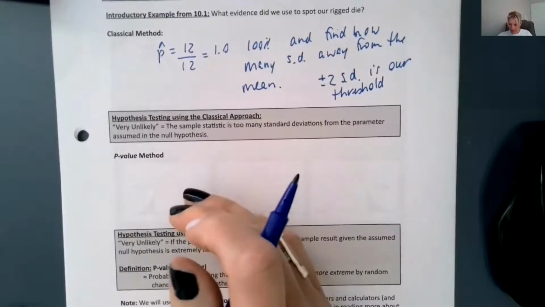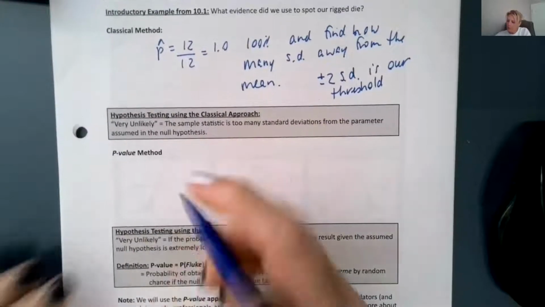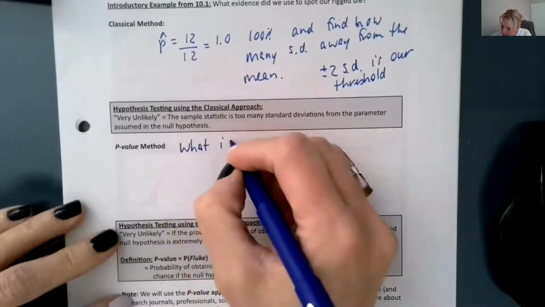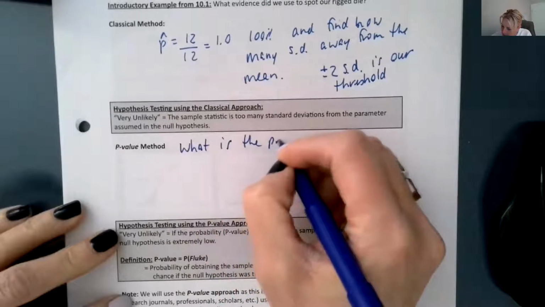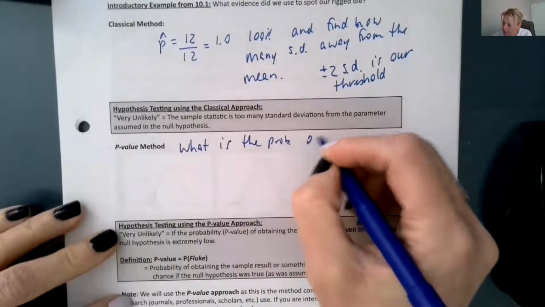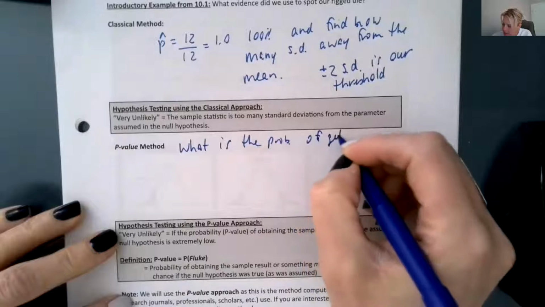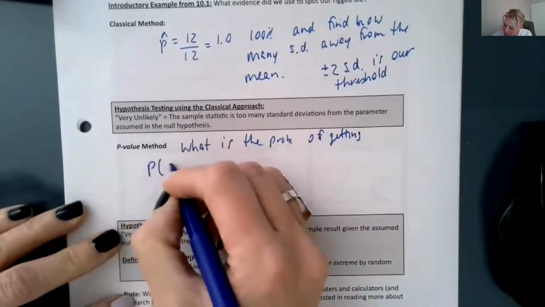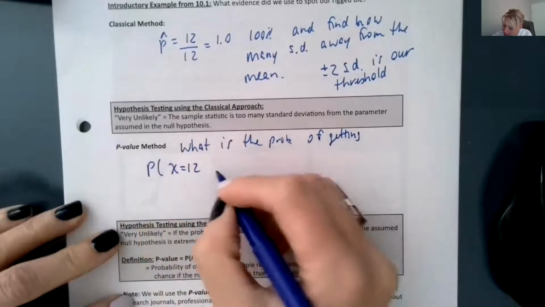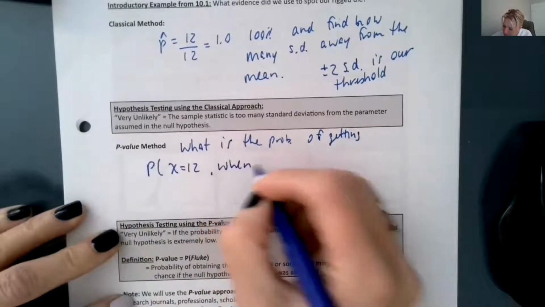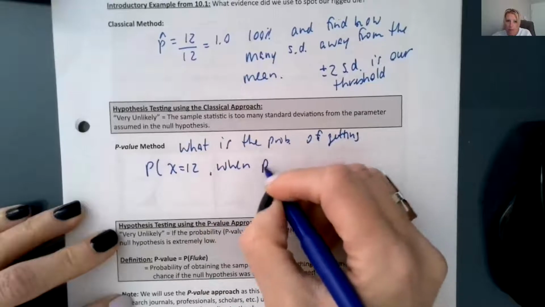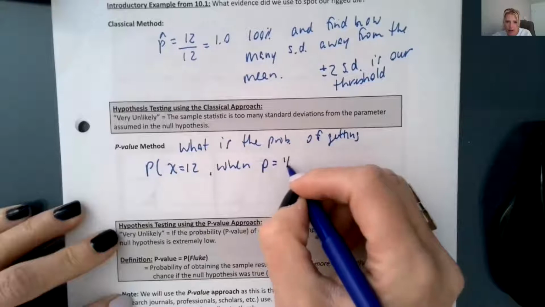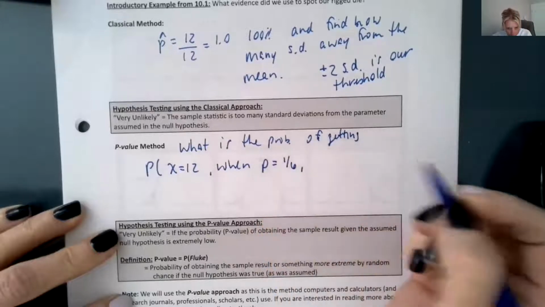And this method says we could find out what is the probability of getting, so the probability of x being 12, right, when the probability of success is 1 out of 6.